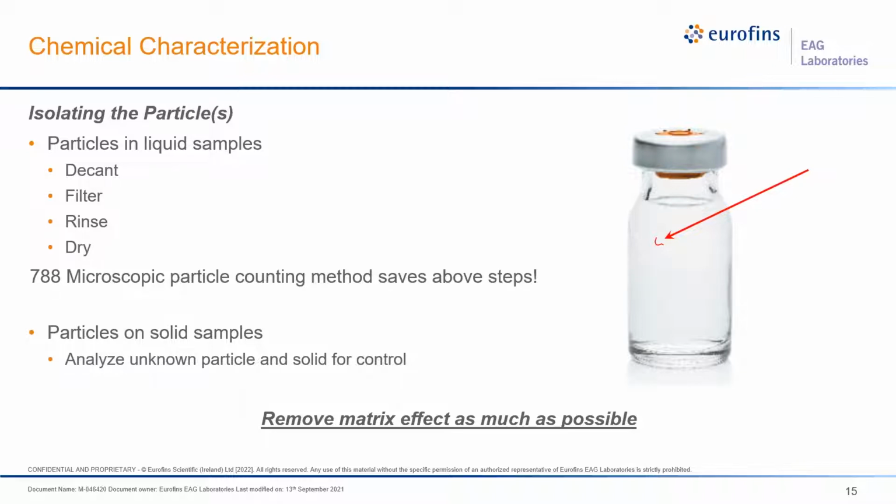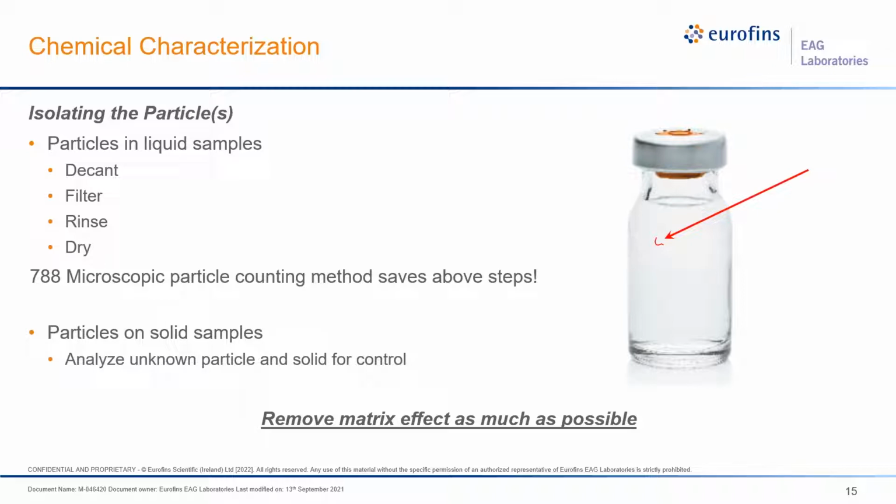Usually the process is we can either fish this particle out or decant and filter the small amount of sample containing the fiber particle, then rinse the fabric particle and dry it for the future analysis.